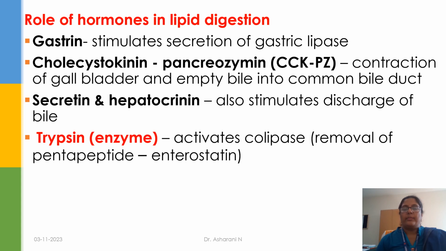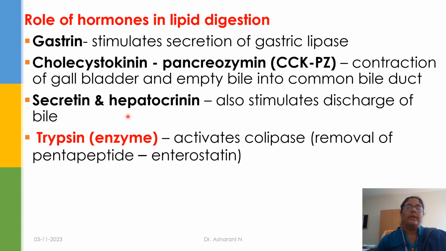Other requirements for digestion are the hormones. The important hormones are gastrin. It will stimulate the secretion of gastric lipase. Cholecystokinin and pancreozymin, CCK-PZ, help in contraction of the gallbladder and empty bile into the common bile duct so that bile acids enter the small intestine and help in digestion and absorption of lipids.